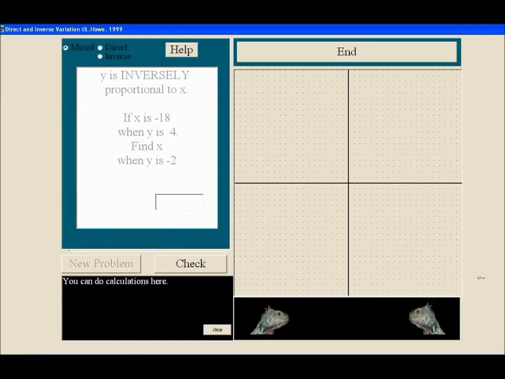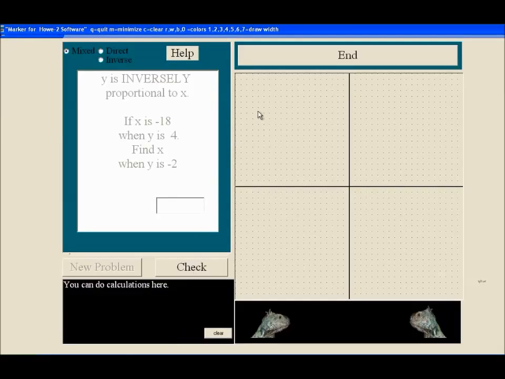I'm going to put the marker up again. And this is the x1 times y1 equals x2 times y2. And I should have said what the constant of proportionality was in that, but I forget what the numbers are. We'll do it on this one. If x is negative 18 when y is 4, find x when y is negative 2.